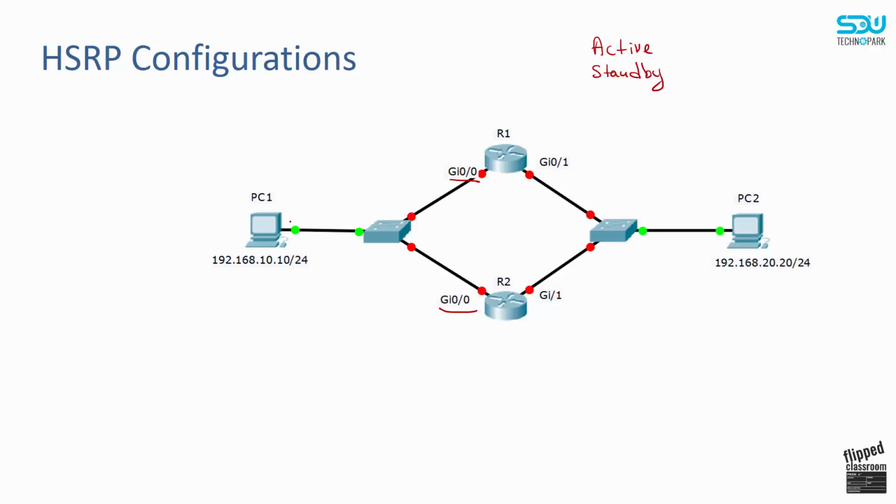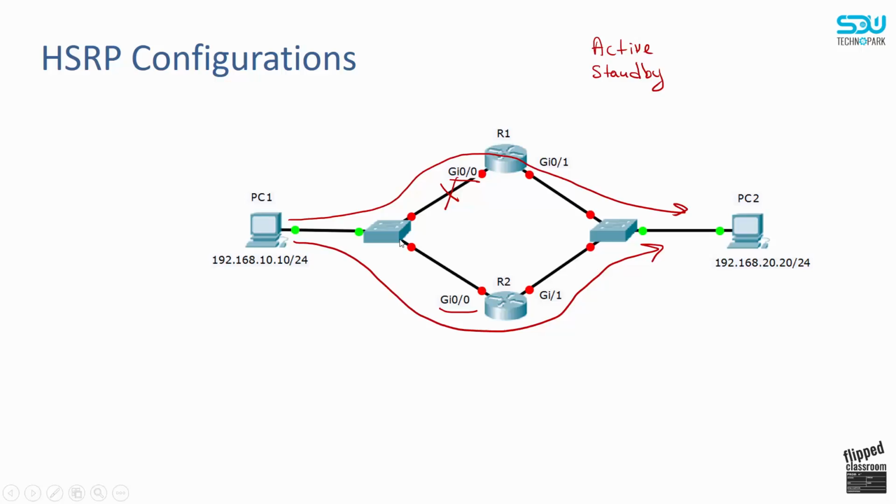So it means that your communication will be happening, for example, like this all the time. But if something goes wrong with this link, then PC1 will send information by using this way automatically, without the need of reconfiguring your devices. And how to do it?